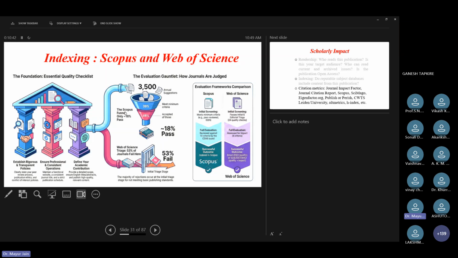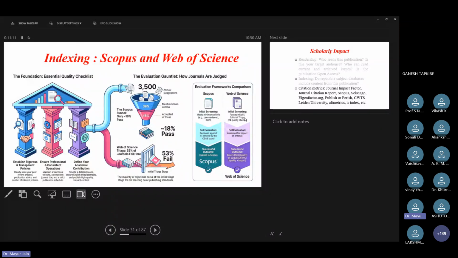You can see Scopus generally passes only 18% of the journals, right? Whatever journals go through that selection process for Scopus go through very rigorous criteria. I think they have mentioned it is almost 14 criteria. If any journal of any publisher is following those criteria, only then will it go into the Scopus indexing.